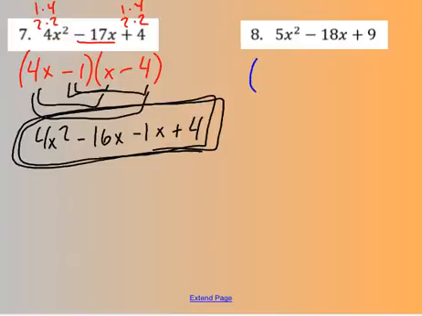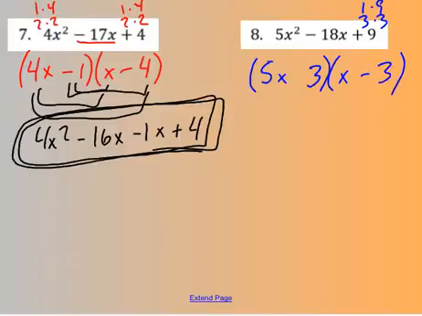Now, 5 is prime, so I just always start by writing the prime numbers. 9 is not, I'd have 1 and 9, and 3 and 3. Now this one is a little bit easier. 5 and 9. If I multiply 5 times 9, what would I get? 45. Do I want to be by 45? No. So I'm going to just split up the 3's, I think. How do you feel about that, Britta?